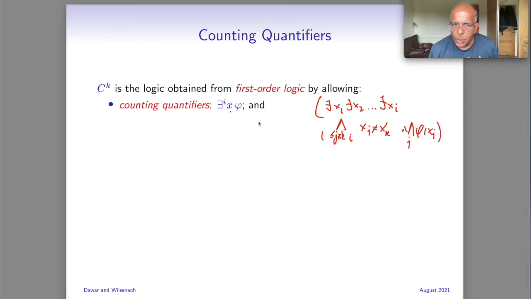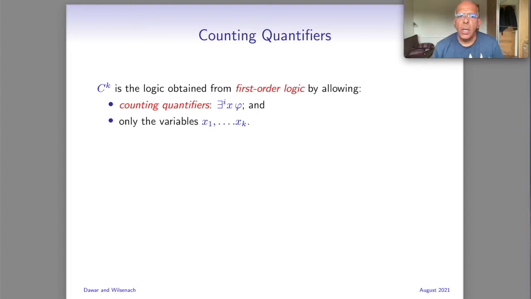So you substitute the free occurrences of x in phi by xj, conjunction over all j between 1 and i. So this just says there are i distinct elements satisfying phi. So adding these counting quantifiers changes nothing to the expressive power of first-order logic. You can replace them. But what we do is we also require that we can only use k variables.